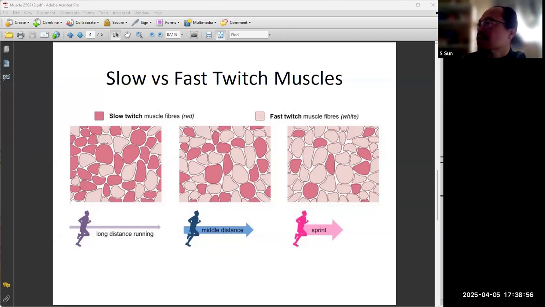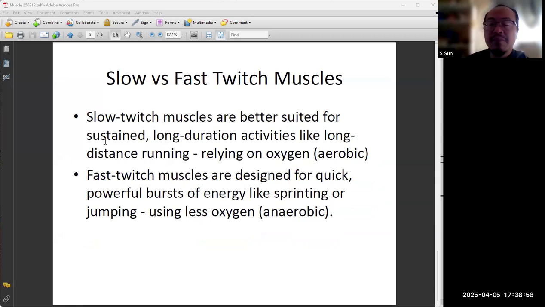So this page summarizes the difference between slow twitching muscle and fast twitching muscle. We now know that muscle reaction to stimulation takes time, so muscle can react fast or react slow. For slow twitching muscle, even though it's slow, it's durable, and it uses blood circulation very well. The muscle is more reddish.